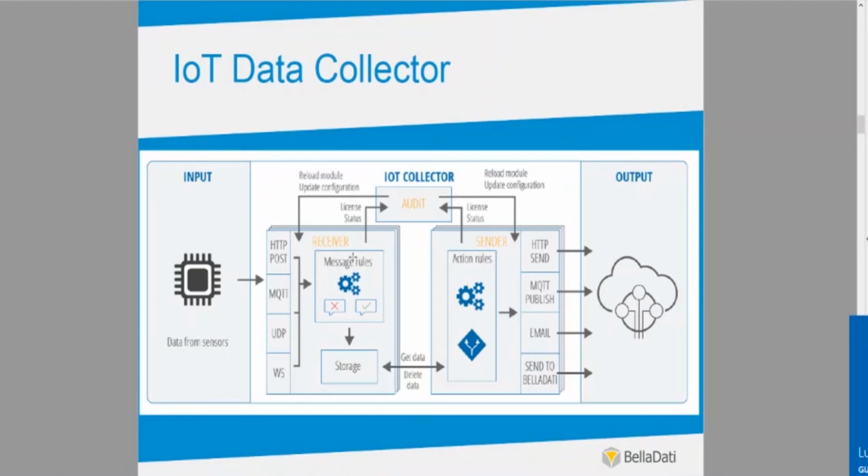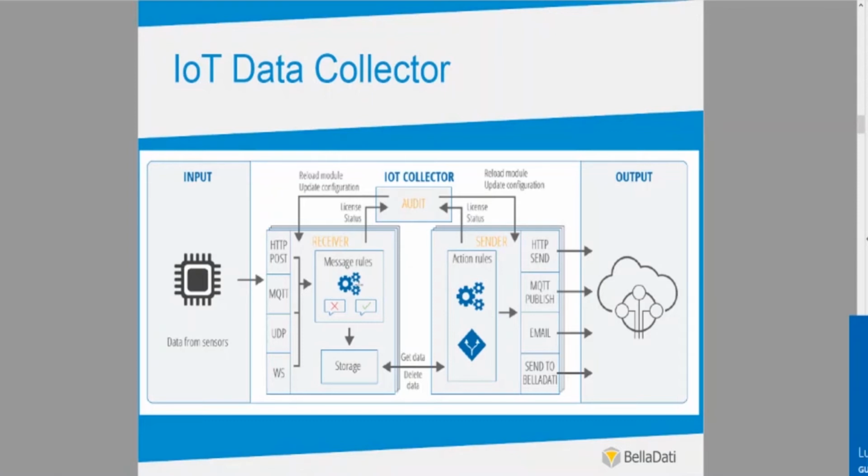And then the sender is just taking this data, which was received by the receiver, and the action rules are applied. Action rules are a very simple decision tree, deciding whether to execute a particular action or not. And this action could be, as I mentioned, MQTT publish.